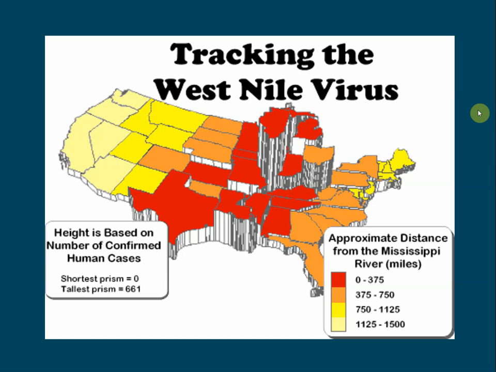So the color is going to be representing how far away the state is from the West Nile virus, with the taller the state is, showing that there were more West Nile virus cases. So clearly, everything closer to the Mississippi, we have higher rates of West Nile versus the further away we get from it, the less severe it is. So this is just reinforcing the correlation between the Mississippi River and mosquitoes that carry West Nile virus.